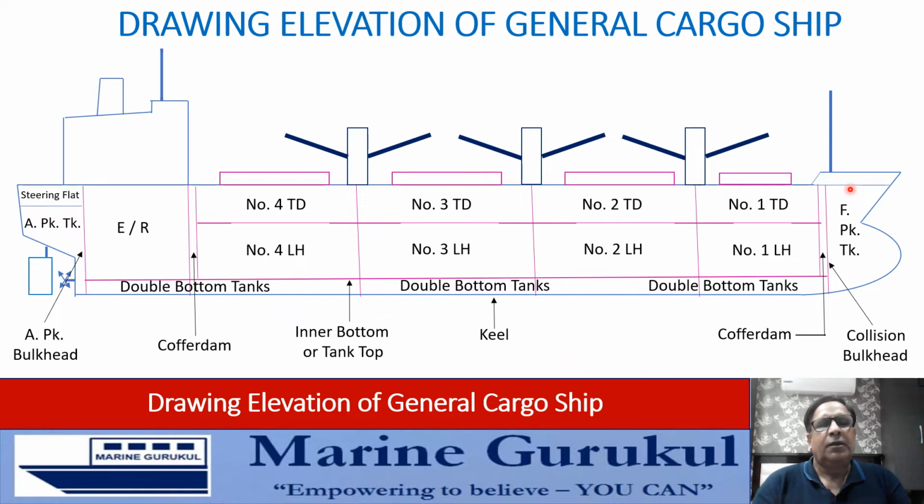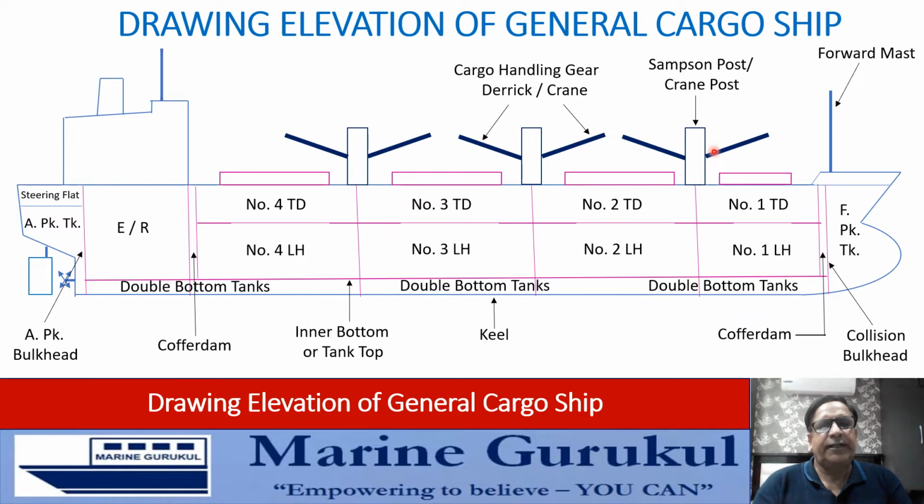Now we come to labeling the parts on the deck, above the deck. Here we have the forward mast. Then we have the Samson post here. If there is a crane, then there could be a crane post. Then we have these derricks, or in lieu of derricks, you may draw a crane. Then we have these hatchways, hatch coaming, and hatch cover arrangement out here.